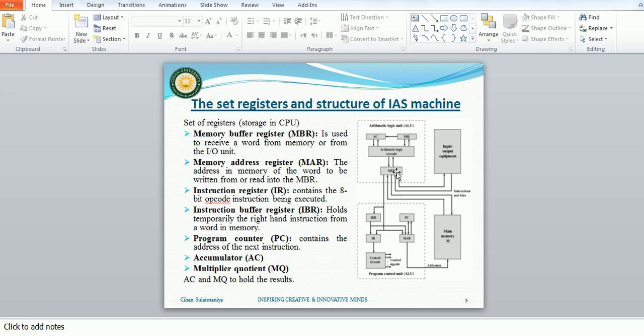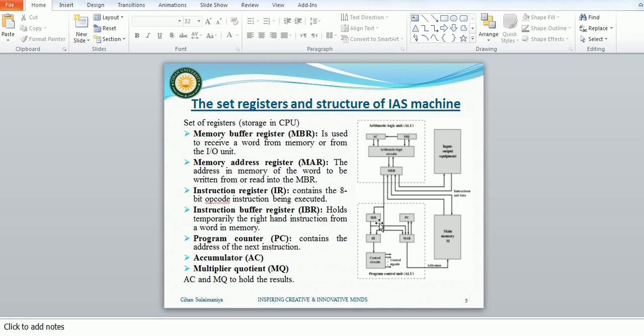Then the memory address register deals with memory through this register. It gives the information from the memory buffer register to the IBR, which is the instruction buffer register.